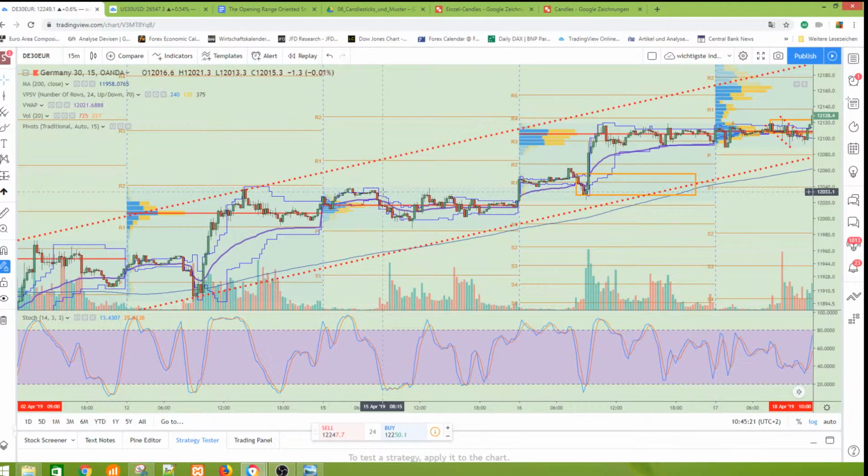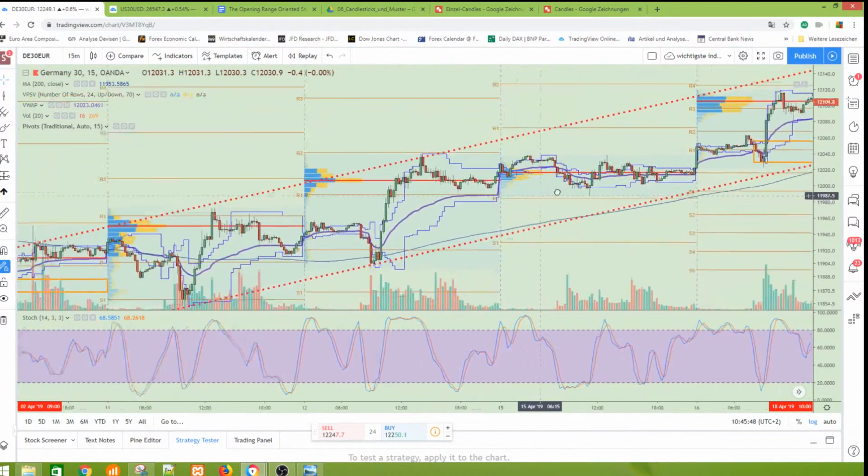And we have some hammers here, but a trade here would not have been profitable. That is hard to see. You have to have a stop loss, and this would have run into a stop loss. But here we have a very, very clear hammer.